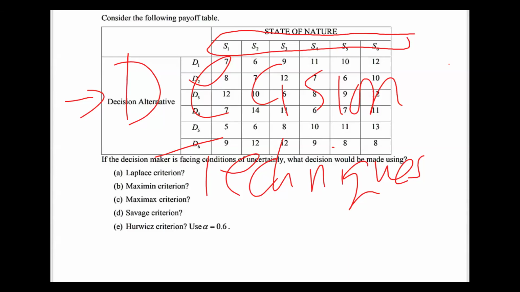The first one is Laplace criterion, Max-Min criterion, Max-Max criterion, Savage criterion, and Hurwicz criterion, which is the last one. These are different criteria that you can use when making decisions.